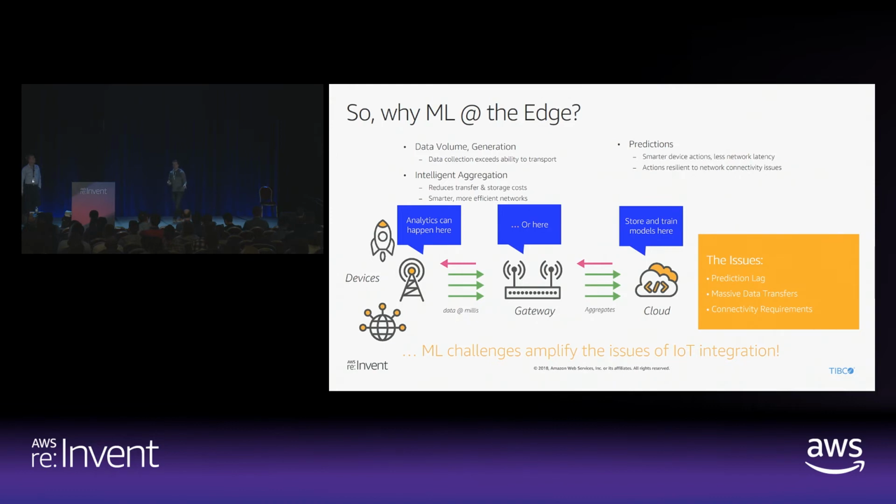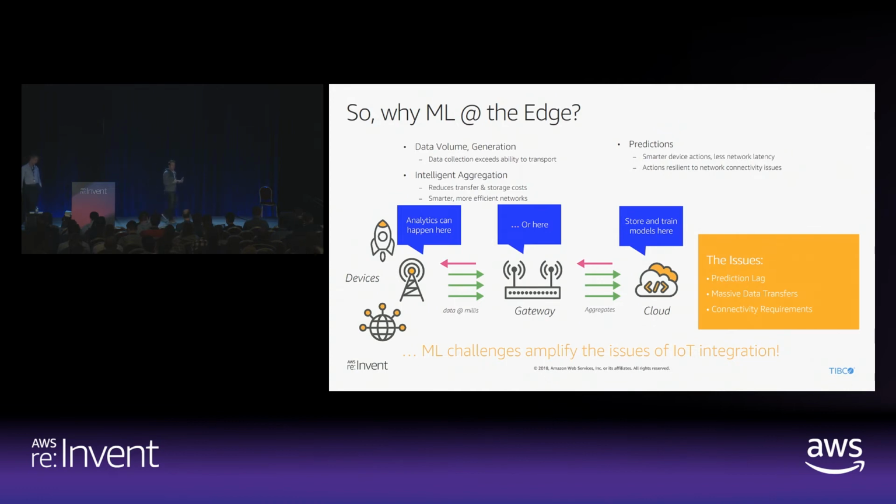So back to the initial question: why do you do ML at the edge? Well, data volumes. It's like we talked about at the very beginning of this presentation. Data volumes are continuing to grow, and being able to stream that back to the cloud and then process all of it at the cloud, you'd be streaming back massive amounts of data. So theoretically, moving ML logic and inferencing to the edge, you could reduce your ingress costs alone by a considerable amount.